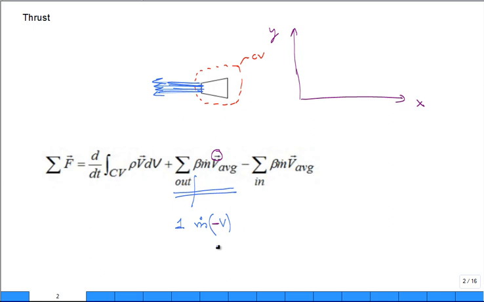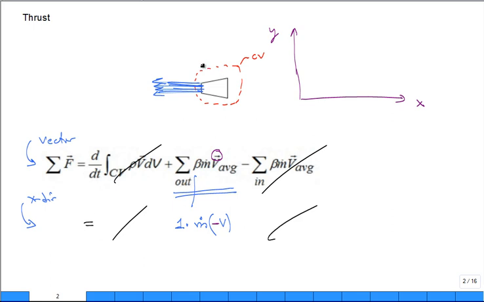So I'm going to turn it from a general vector equation into just the x direction scalar equation. And so we see that it's 1 times m dot times negative v. Steady state, and I'm not focusing on the ends, so just let those terms be 0.